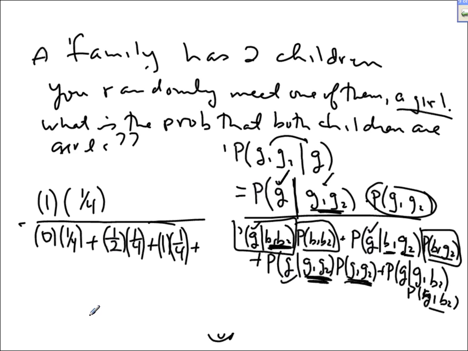Plus, one more. You have a girl and then a boy born in this family. So the chances you see a girl, half. The probability of having girl 1 and boy 2, a quarter. They all have a quarter. It's going to cancel out. The top is 1. The bottom is 0 plus a half, which is a half, plus another half is 1, plus another one is 2.